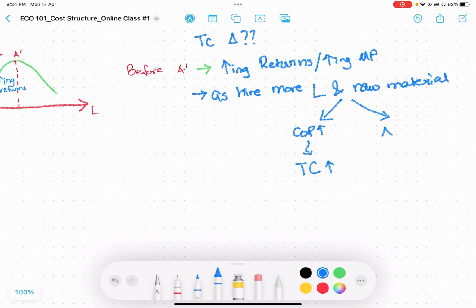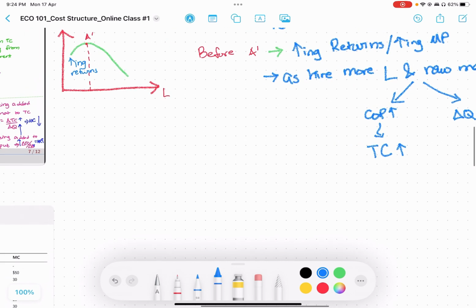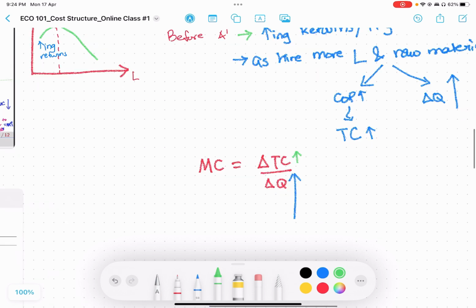That is why the change in quantity is much higher than the change in total cost. So if I put this into the formula for marginal cost, the increase in Q is a lot more than the increase in total cost. If the denominator is rising a lot more than the numerator, then the marginal cost actually decreases.